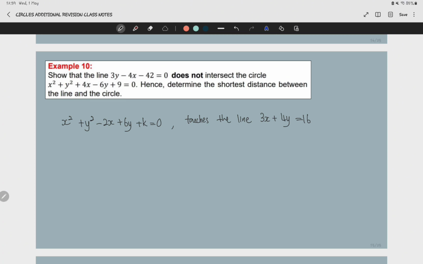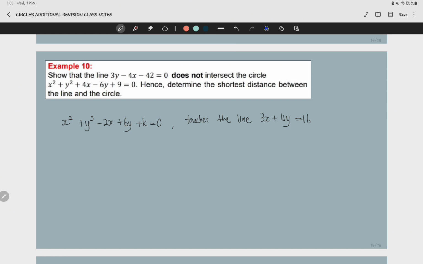Now maybe you will think, how do I solve this? I only have a circle equation and a straight line equation. So what can I do? You already know that you are only cutting one point. Remember back, what is it called? The b square minus 4ac. We call it the discriminant.